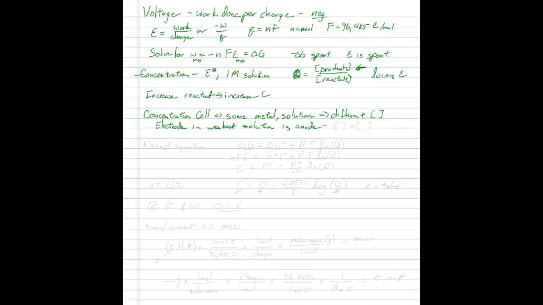If you oxidize, you're producing more ions. So what you're trying to do is make the concentrations equal. You're striving to make the concentrations of the two sides equal to each other. Since it's the anode, you're producing ions, and that's in the weakest solution.